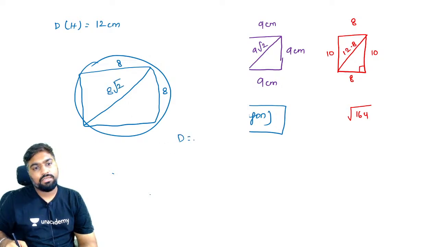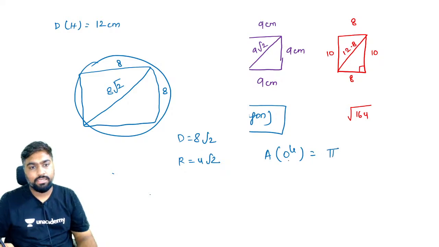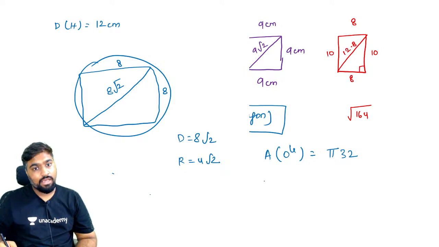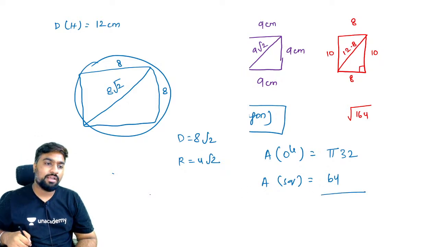The diameter is 8 root 2, the radius is 4 root 2. You want the area, that's it, done. The area of the circle is pi r square, which is pi into 16 into 2, 32 pi. And the area of the square is 8 square, 64. Subtract this, you have your answer.